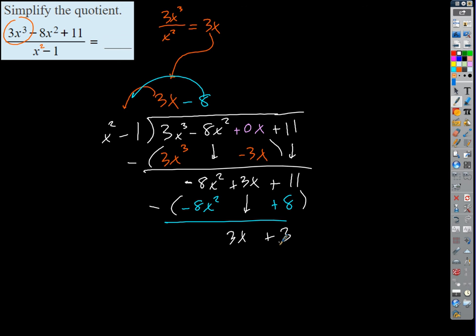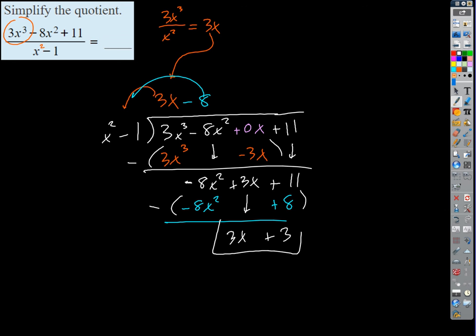Does x squared divide evenly into 3x? No, so we're done. So what is this? That's our remainder, right? So that's the remainder. So then, what is this whole thing equal to? Let's interpret this answer.